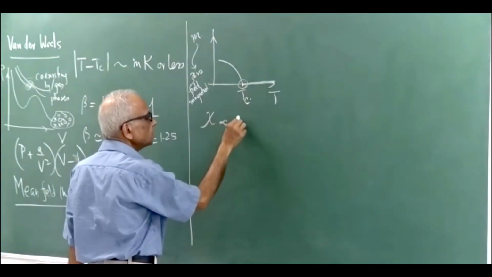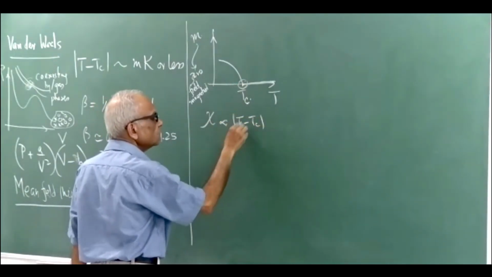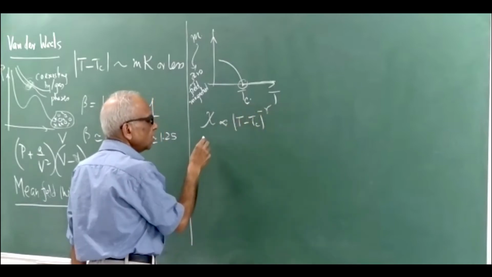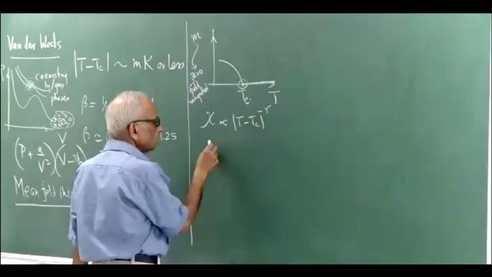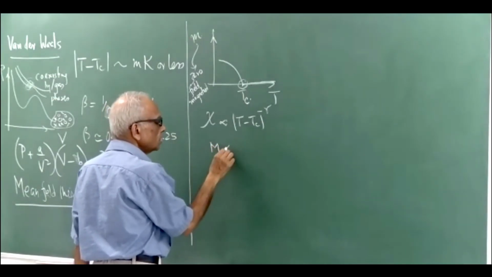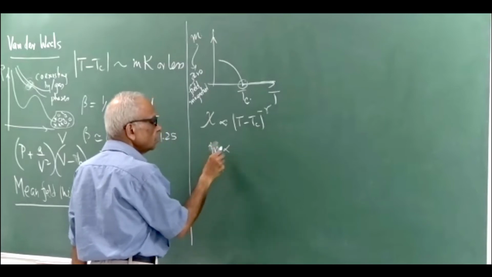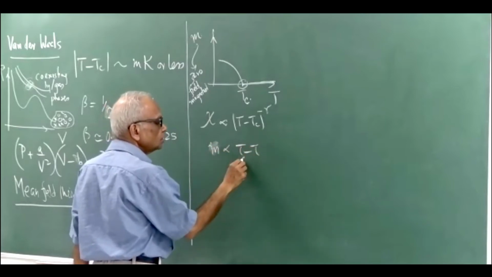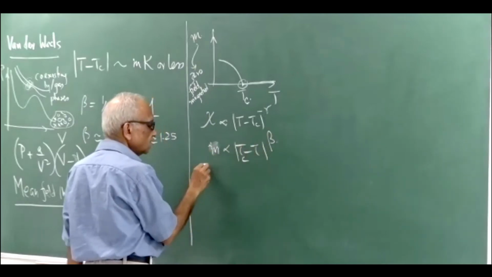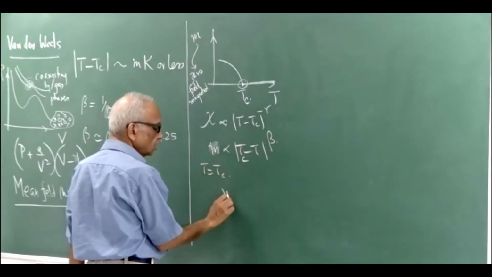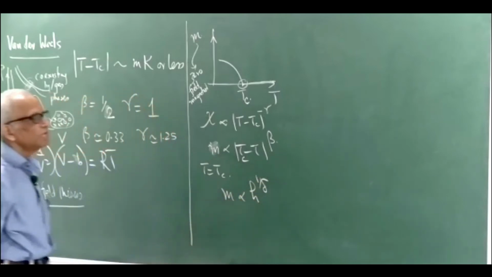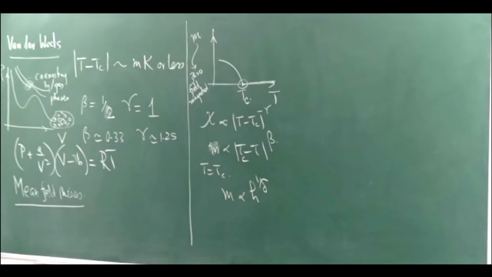The susceptibility is proportional to (T - Tc) to the power gamma, and the coexistence curve has M, the magnetization, proportional to (Tc - T) to the power beta, and at T equal to Tc, the M is proportional to, if I have an external field, H to the power 1 over delta.